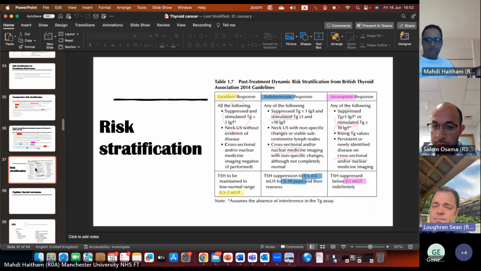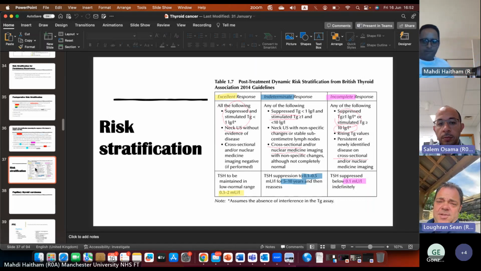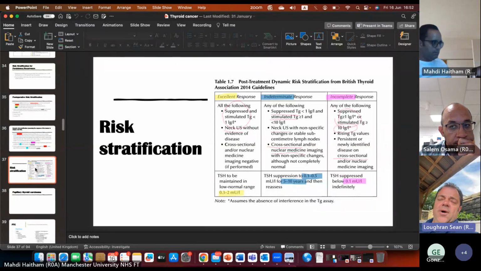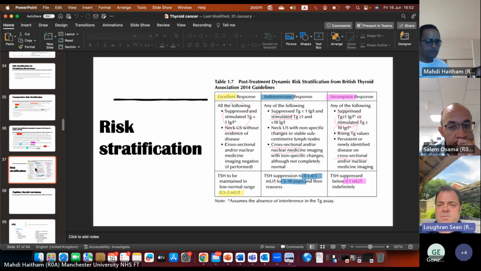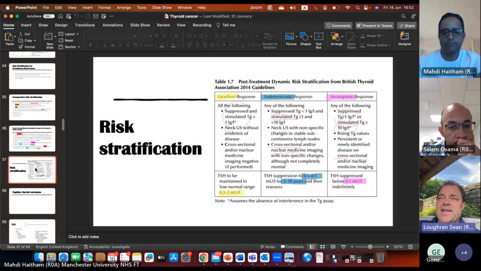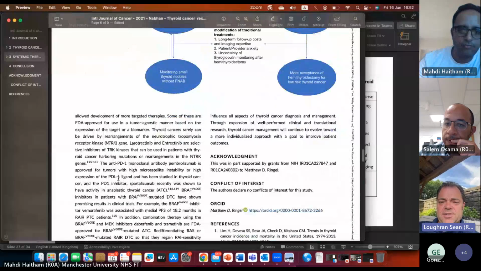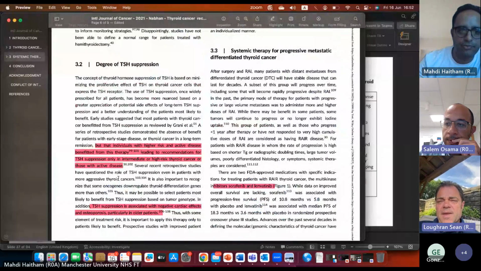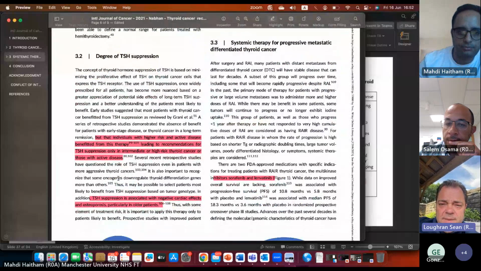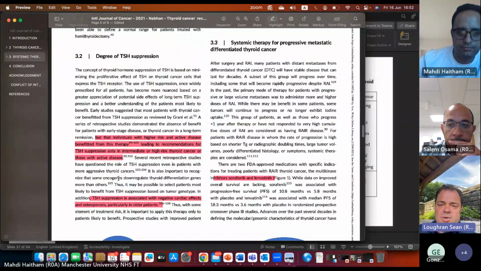Those patients, they often keep a hold of, and they will often suppress those patients' TSH. When I started, all patients were given quite aggressive TSH suppression, and we've gone away from that really. So between 0.5 and 2 will be a reasonable target range for TSH in most of the patients that we are following up, because they are low risk.